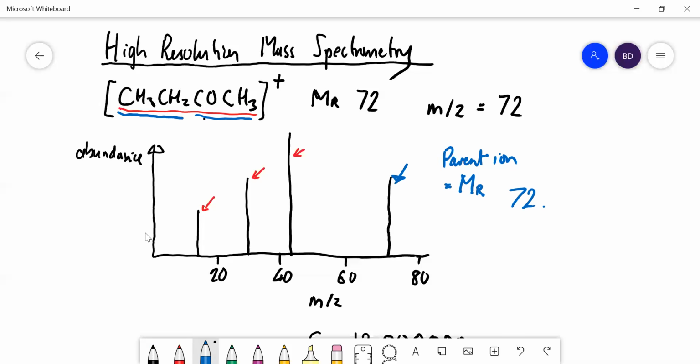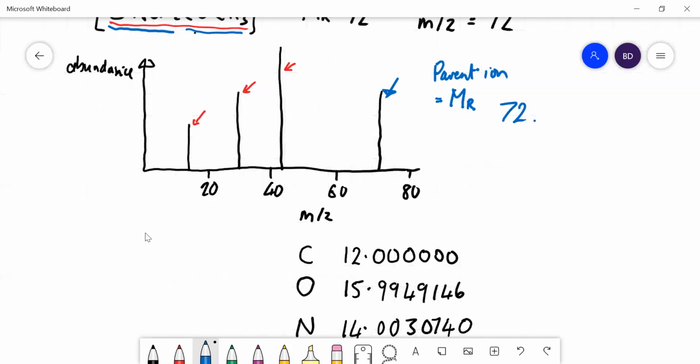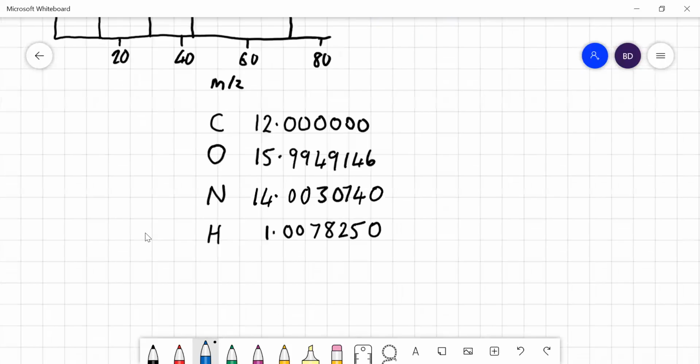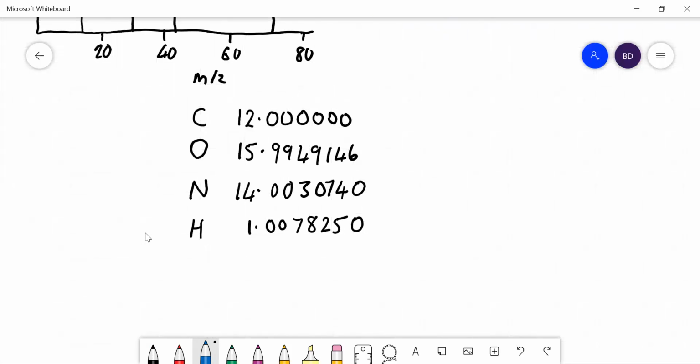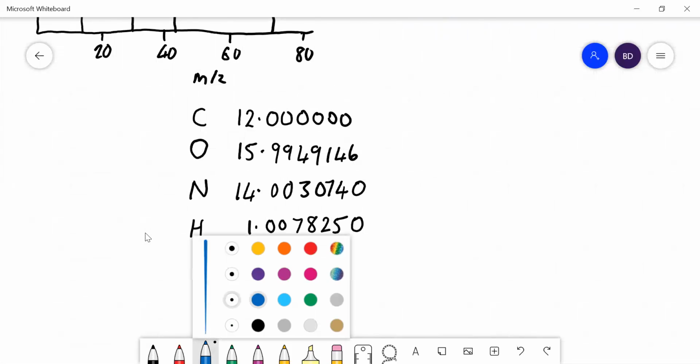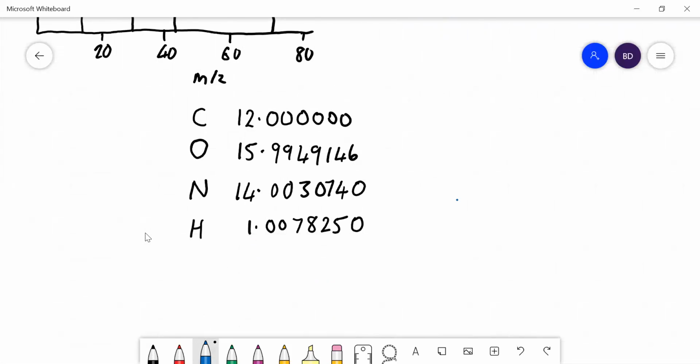Now, at high resolution, imagine you had a mixture of three of these. Let's think you've got propane, the Mr of that is 44.